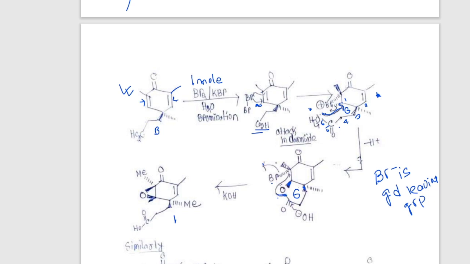So this bond goes here as upside. This bond attacks here on the upside, and this bromine will leave. Obviously this methyl goes to the downside.